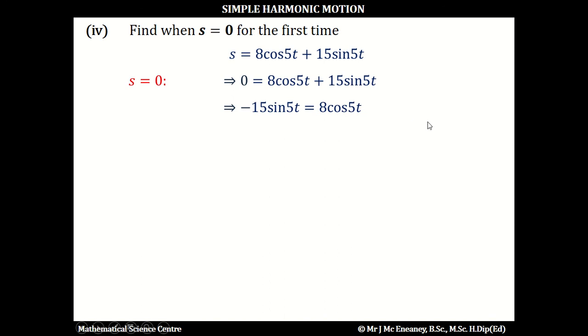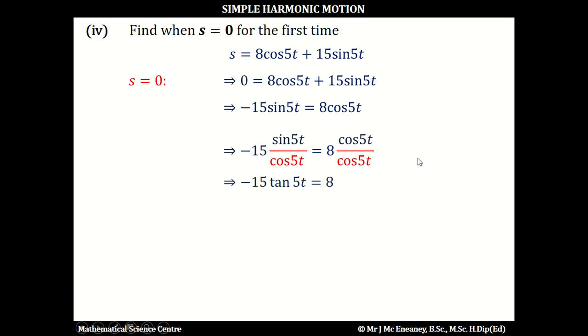Then we're going to divide both sides by cos 5t. On the left-hand side, you get minus 15 tan 5t. On the right-hand side, you just get 8, as the cos 5t's cancel. So minus 15 tan 5t equals 8. So this means the tan of 5t just equals minus 8 over 15.